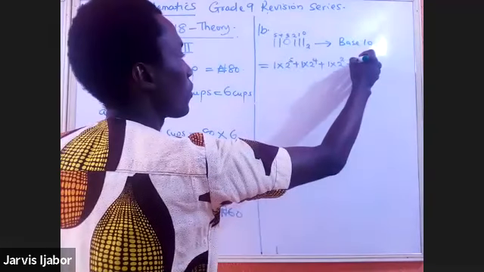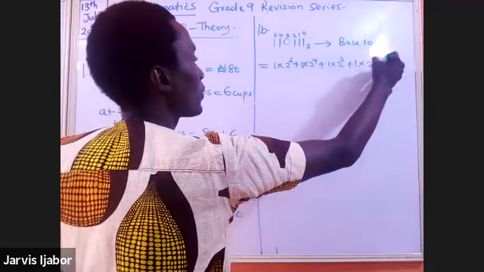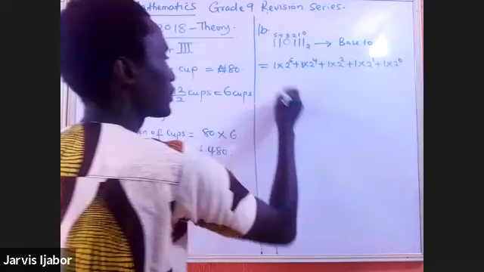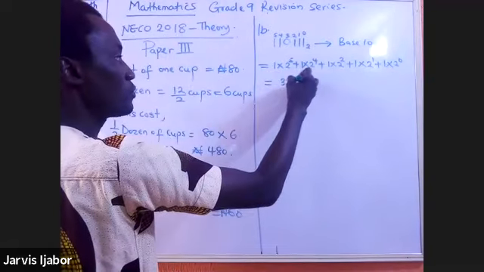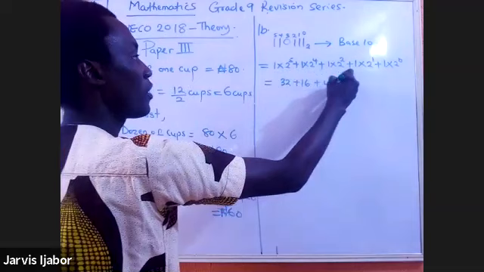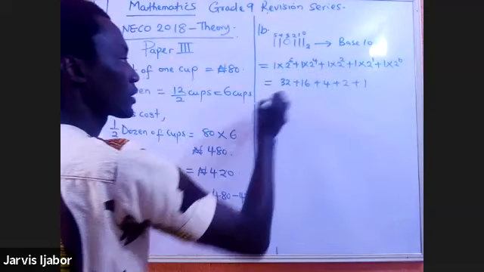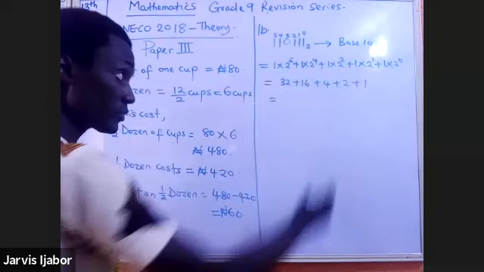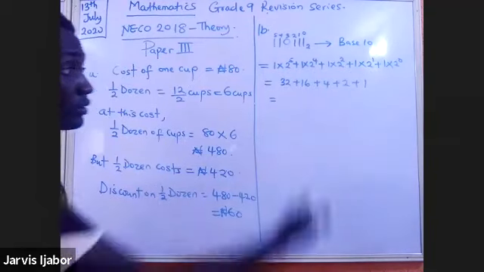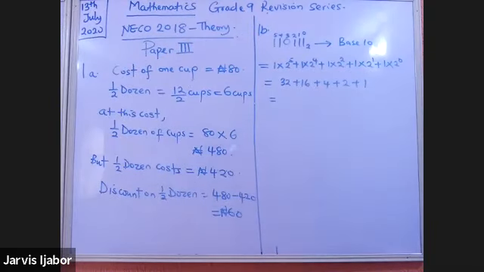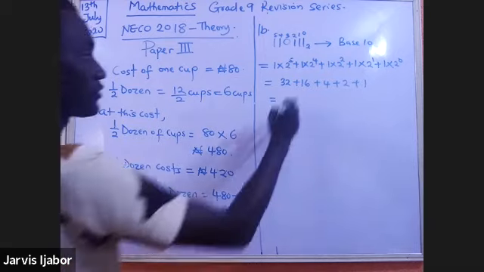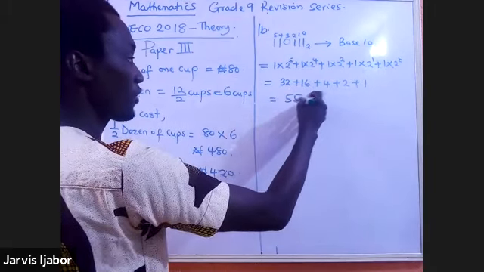Plus 1 times 2 raised to the power of 1 plus 1 times 2 raised to the power of 0. You add that: 32 plus 16 plus 4 plus 2 plus 1. What does that give you? 48, 52, 53, 55. So that will be 55, which you can confirm is base 10.